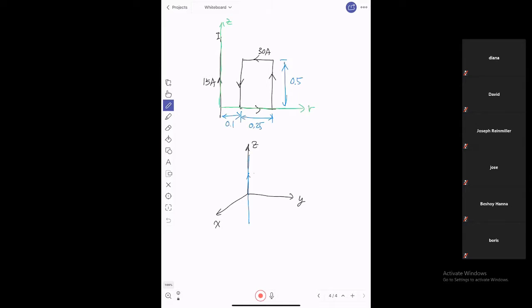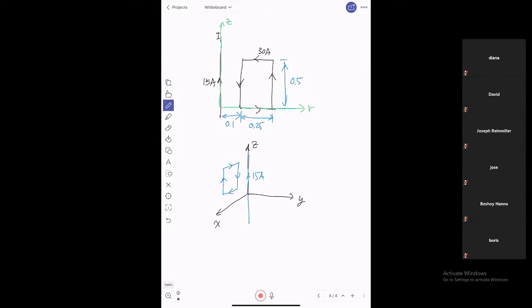This is the 15 amps. And then I assume that this loop is actually over here. Can I do that? So again, this is going here this way, so this is equivalent to phi equals 0. I can do it that way. Does it make sense?